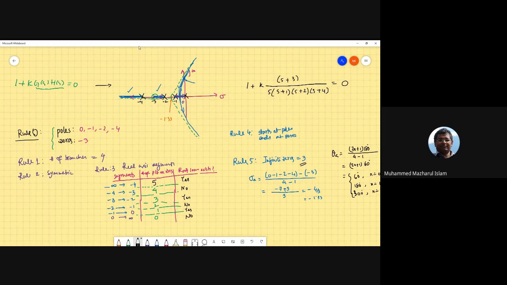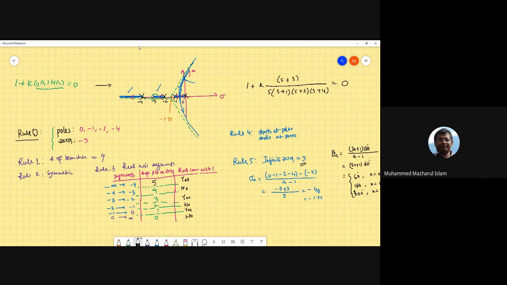So if the number of poles and zeros are not equal, then you need asymptotes to compensate for the lack of, in this case, zeros. So in this case, we have 4 poles and 1 zero, so we need 3 asymptotes to cover for the 3 absent zeros. So rule number 4 is again a matter of understanding rather than something of calculation.